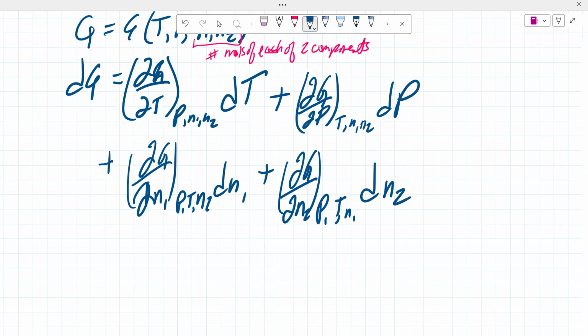Not surprising, and it takes into account each of the various components that we have.